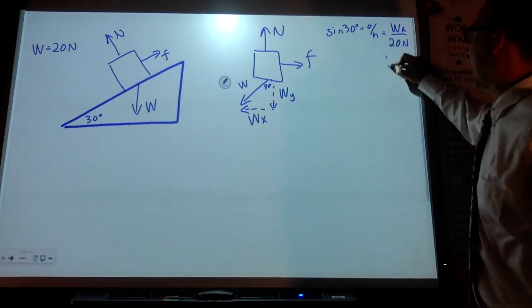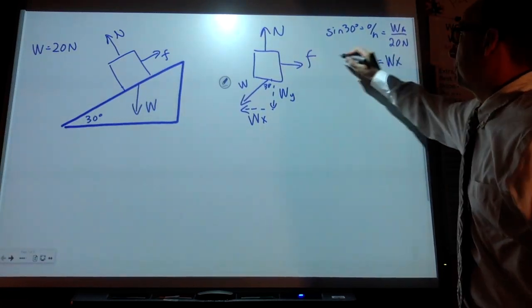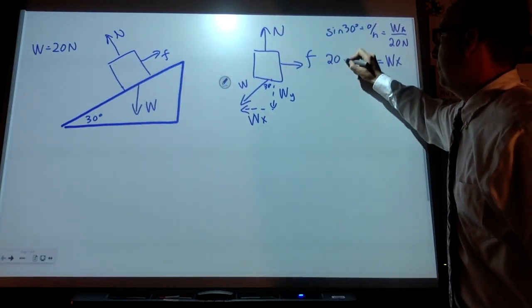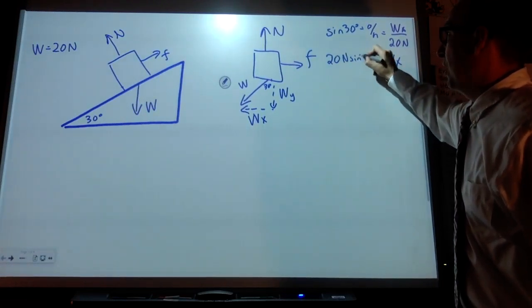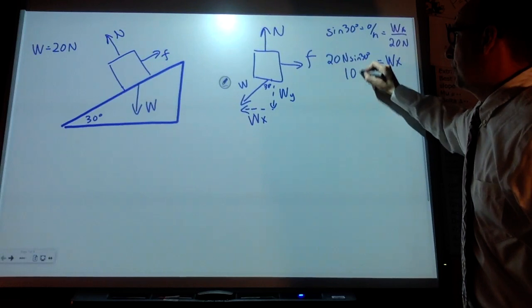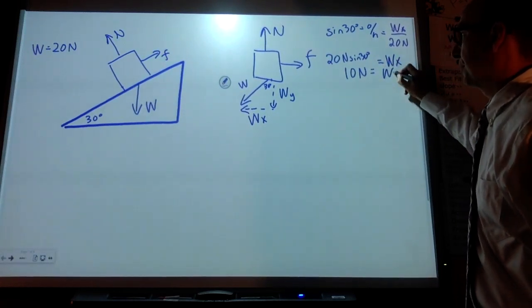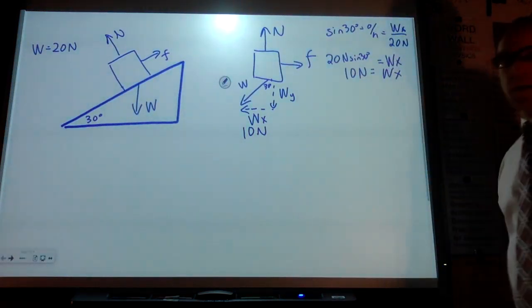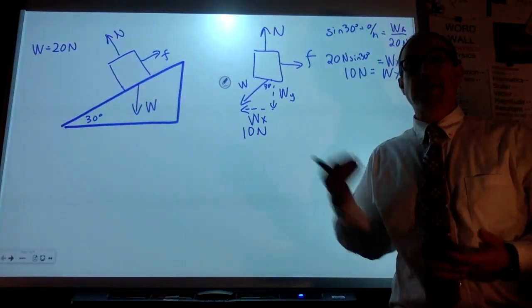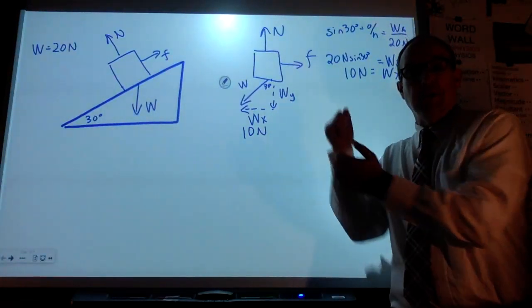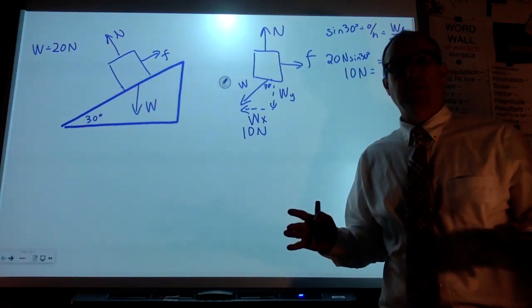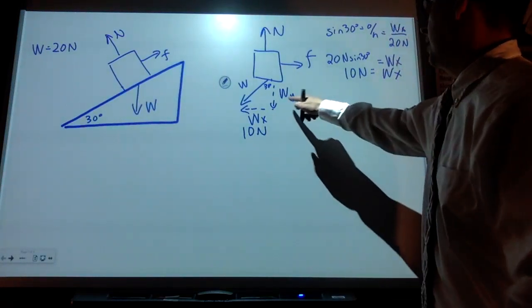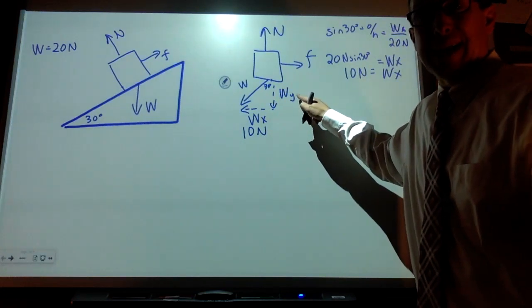So Wx is going to be equal to 20 times the sine of 30, which is 10 newtons. And you can probably tell already that that's what friction's equal to, because those two arrows have to balance because this isn't moving.